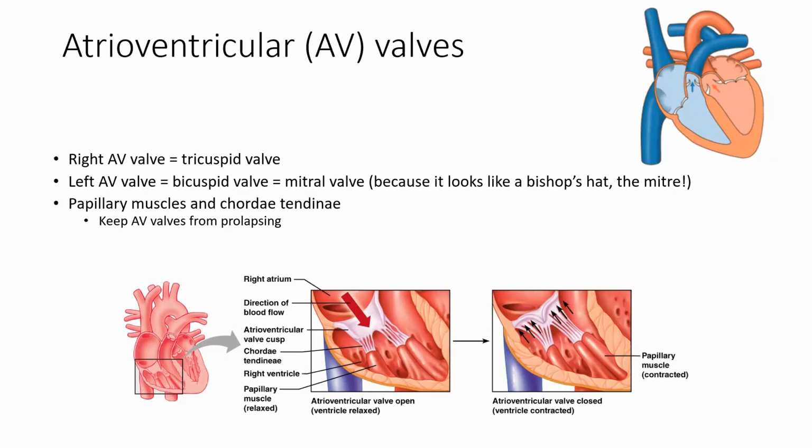It anchors the valve to the floor of the ventricle. So when the ventricle begins to contract, the valve does not prolapse back into the atria, but it is connected to these tendinous cords that we call the chorda tendineae, and they are connected to the papillary muscles that anchor the valves down and prevent it from going back into the atria.